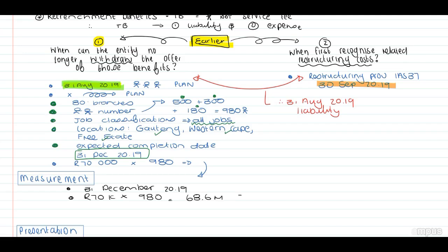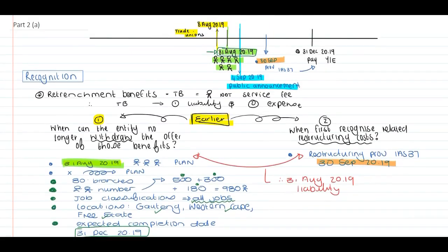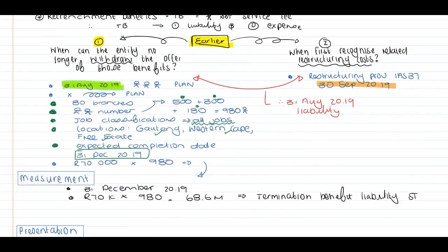Therefore, we need to recognize a termination benefit liability as short term, remember, because they will pay this within the next few months, before 12 months. And when you look at our year end, guys, at year end, 31 December, they will pay this. But if no payment was made, this will remain included at this amount.